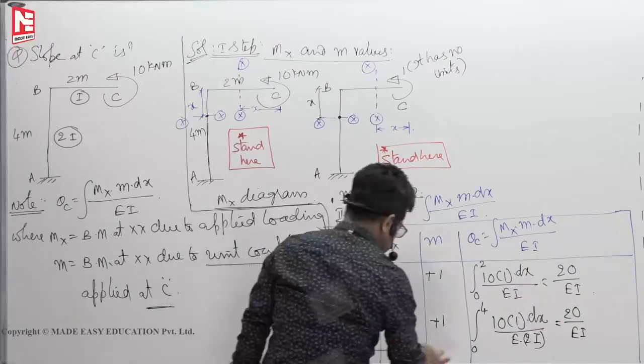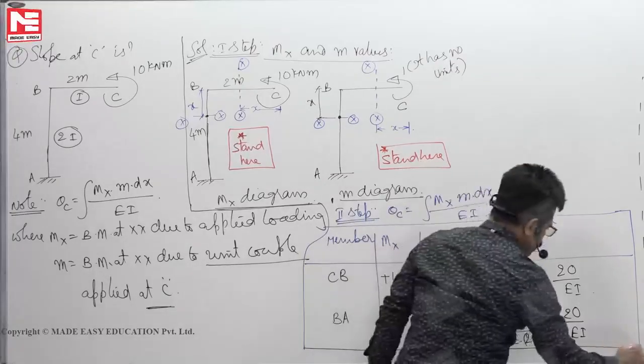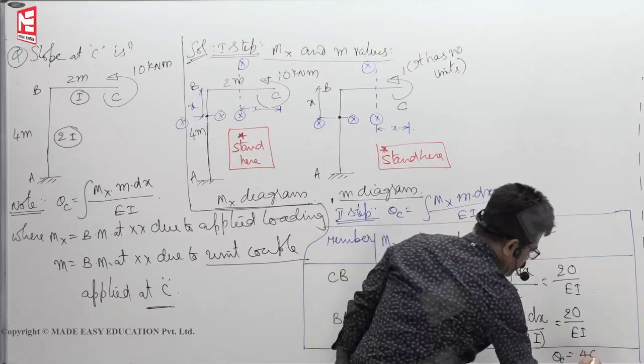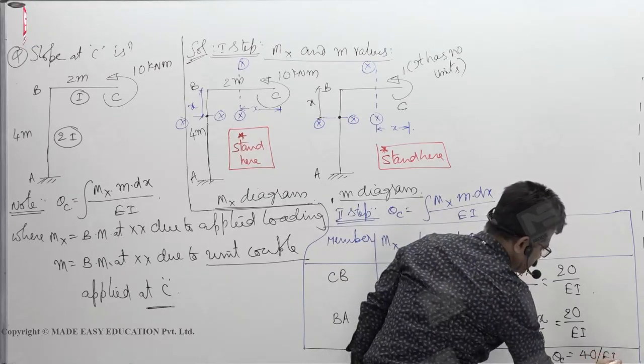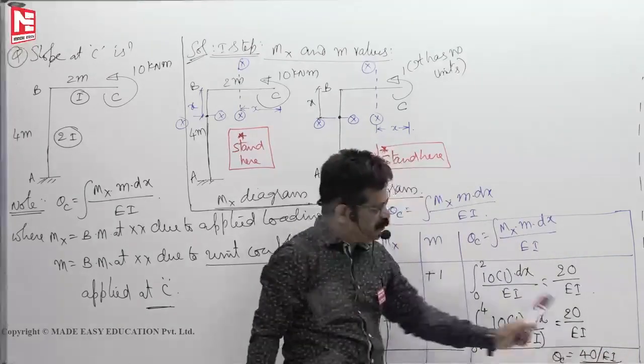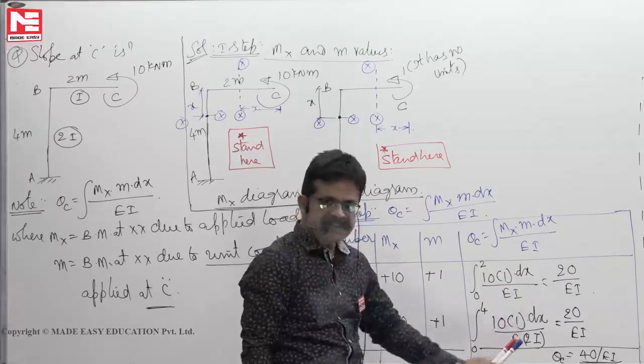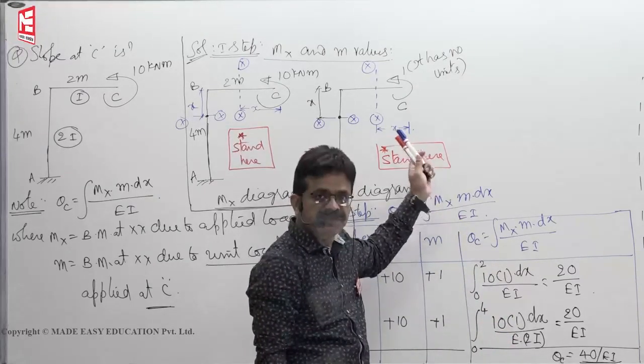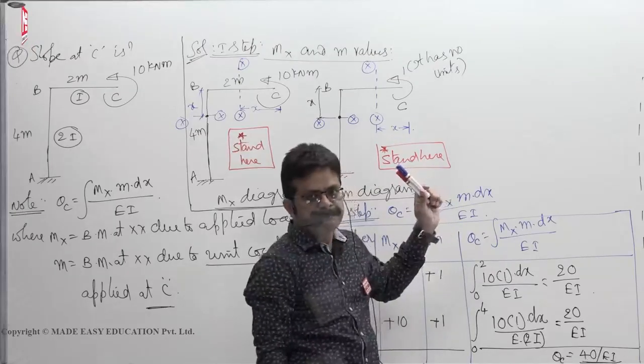So what is the total rotation you will get? Theta C is equal to 40 by EI. Here, if you get a positive sign, it means that the rotation theta C is in the direction of the unit moment you have applied.